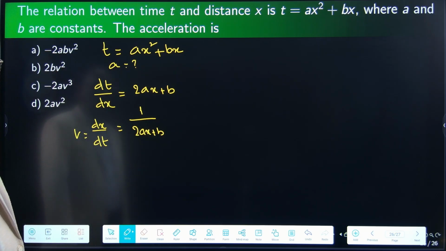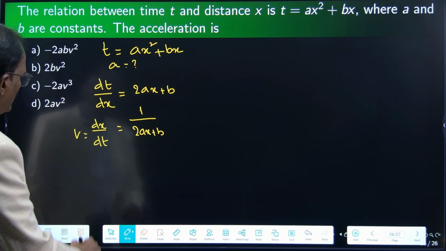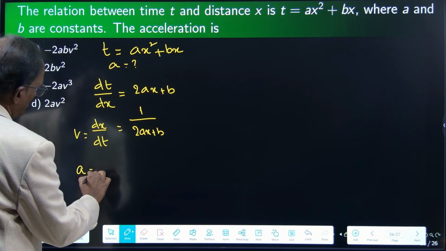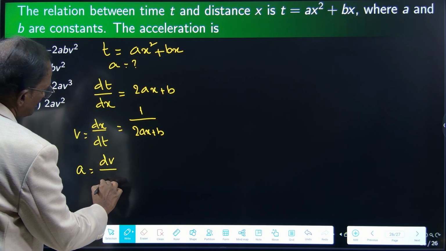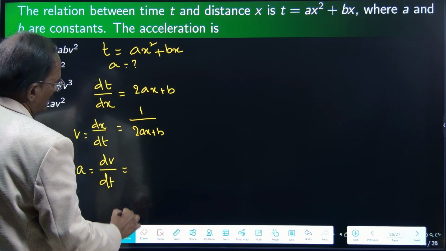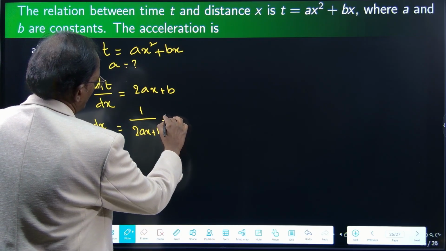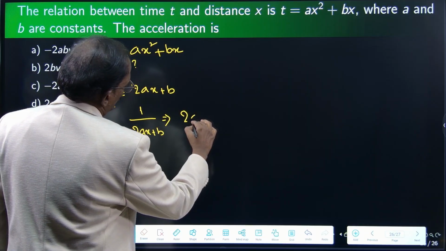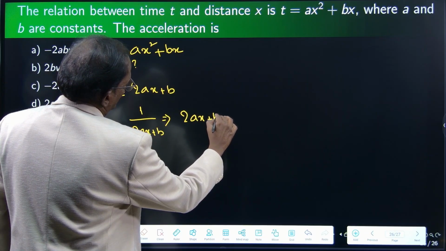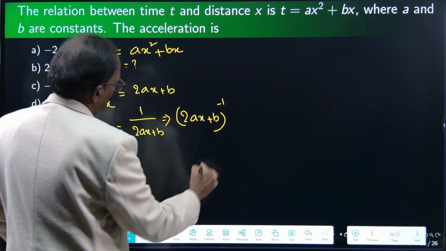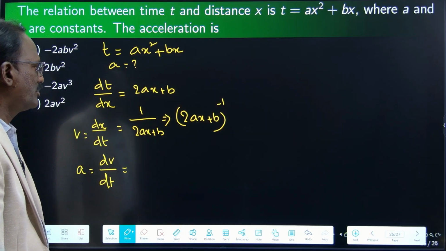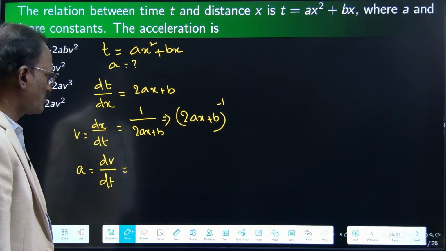Velocity is now available. We have to find a. So a is equal to dv by dt. So differentiation of this. This can be written as 2ax plus b power minus 1. It is taken to numerator by having the minus 1.